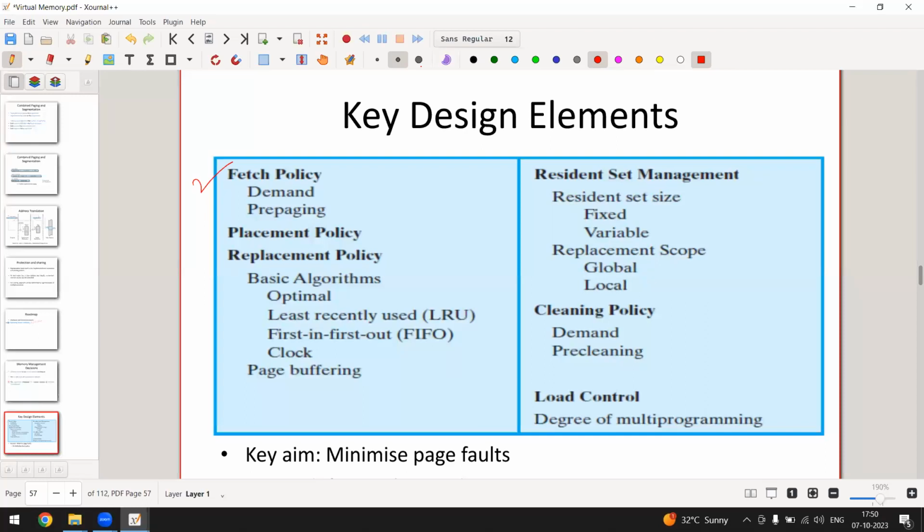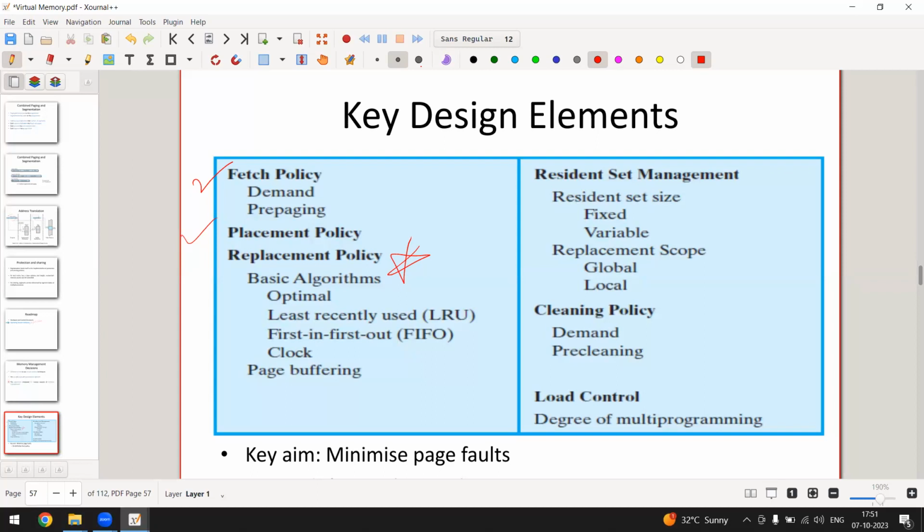Then placement policy. So where in your memory you are going to keep your pages and segmentation. There is a placement policy. Then replacement policy, very important topic. What is the meaning of replacement policy? Let's say X number of pages of some process are there in the memory, and you want to bring more pages, but there is no room for the new pages.